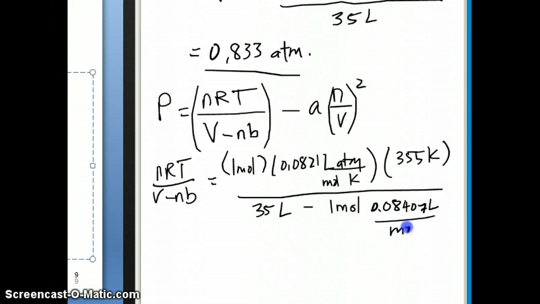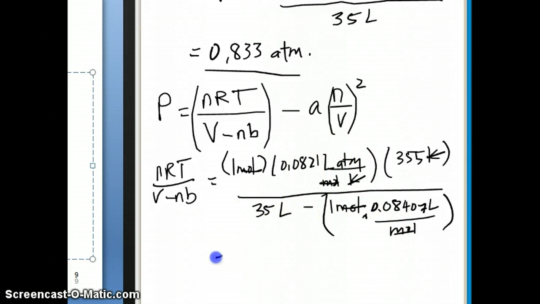So what you see is that when you multiply these two numbers together, the moles will cancel out, so that works out to be just liter at the bottom, so then you have liter subtracting with liter. At the top you have mole canceling and you have Kelvin canceling, and then of course at the end you have liter atmosphere on the top and liters at the bottom, so the liters will cancel, leaving you just with atmosphere.